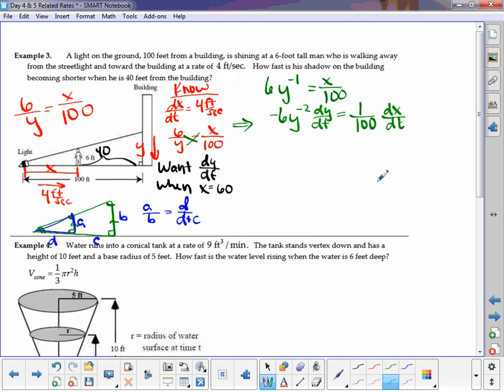Right here, bring down the negative 1, multiply so we have negative 6. Reduce your power by 1, negative 1 minus 1 is negative 2. So bring down your power, reduce your power by 1.